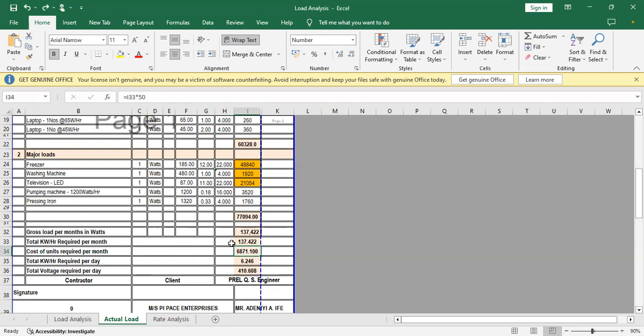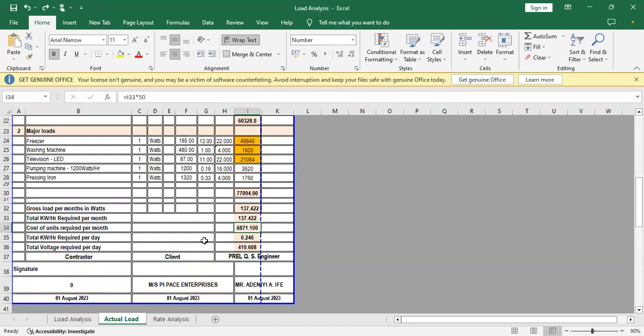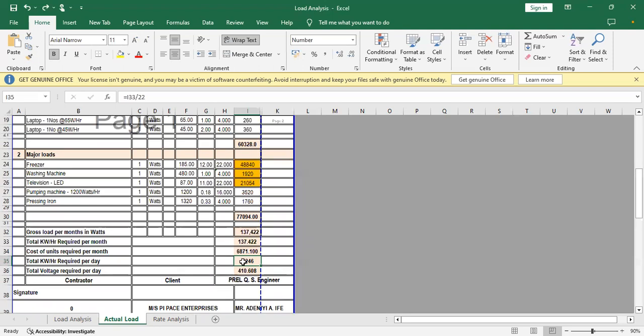So you multiply your total kilowatt hour by 50 naira, which will give about 6,871 naira per month. So on an average, your kilowatt hour required per day will be 137 divided by 22, which is about 6.246 units per day.